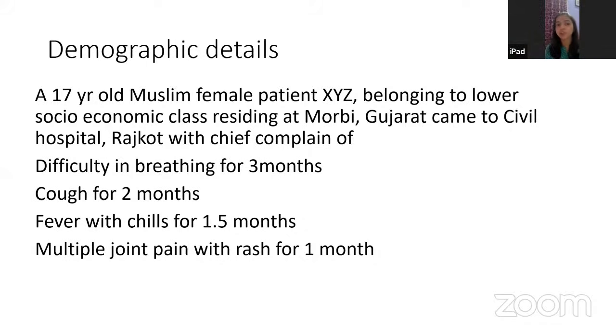Is rheumatic fever more common in lower or upper socioeconomic class? It is more common in lower socioeconomic class and in the developing world. Why is it so? Because of close quarter exposure, overcrowding and unhygienic conditions. Yes, it's always seen in lower socioeconomic class.